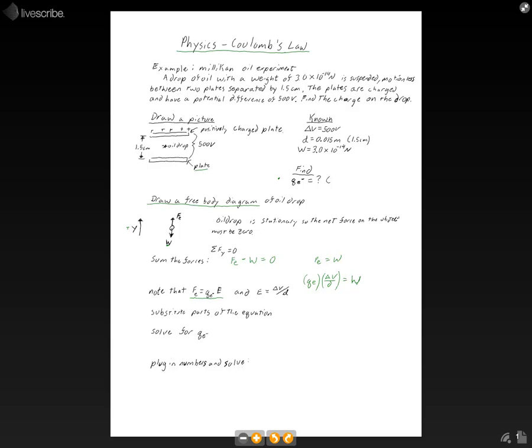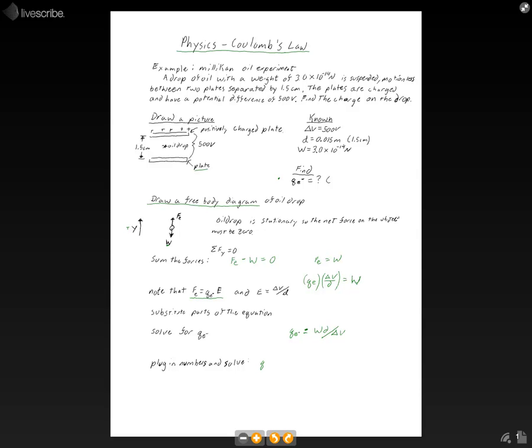Then you can go ahead and solve this equation for Q sub E, and when you do that, you end up with Q sub E is equal to weight times distance divided by delta V. Then you can go ahead and plug in numbers and solve.